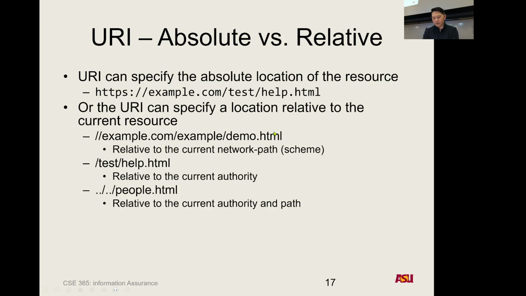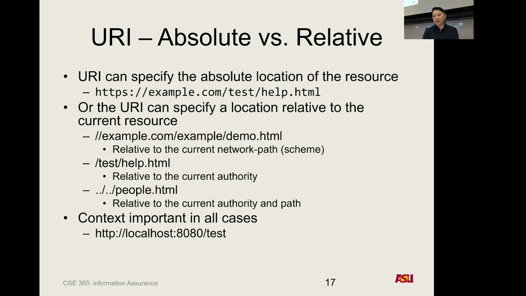There are two types of URI, absolute and relative. Absolute starts from the root, the full address like this. It starts from the scheme, and this is the authority, right? But in a relative URI, sometimes you can omit the scheme or the authority. Can you understand what this means?